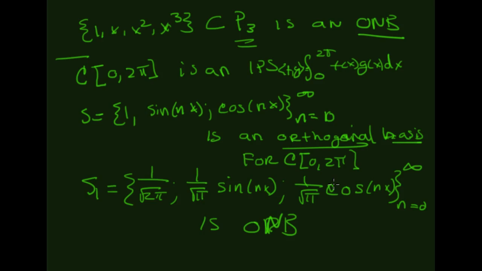Each of these has a magnitude of 1 on the interval from 0 to 2 pi, and they're all orthogonal to each other.